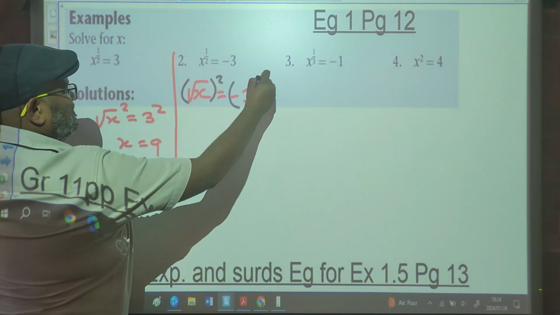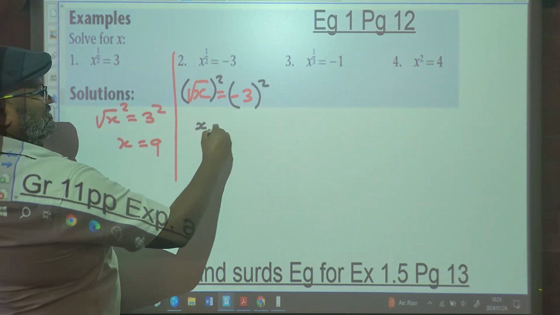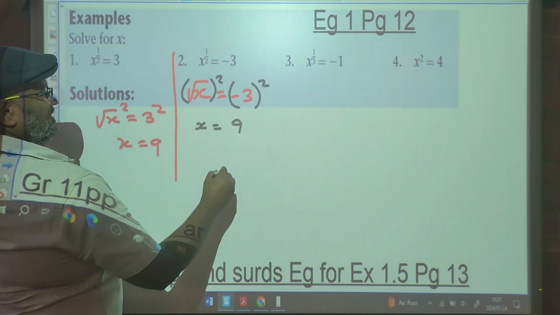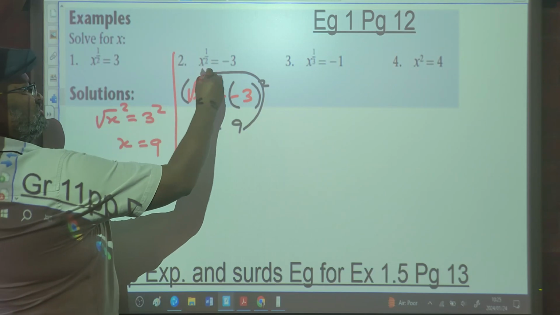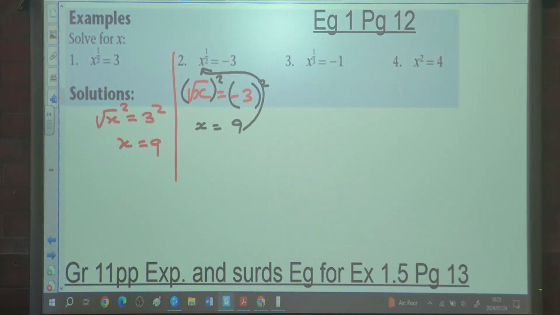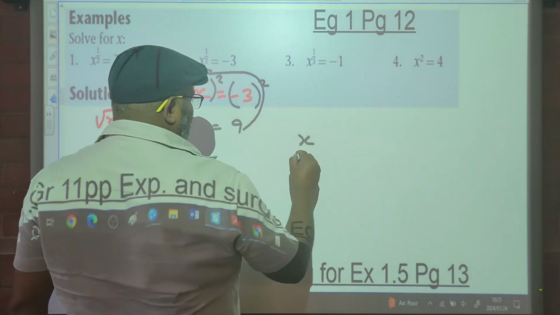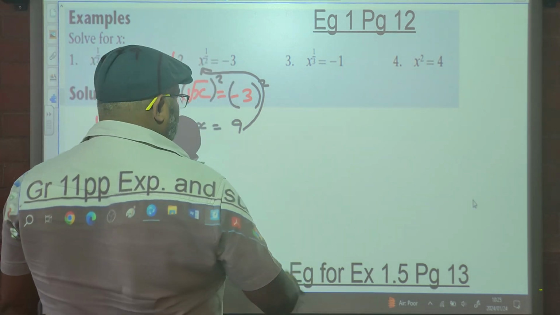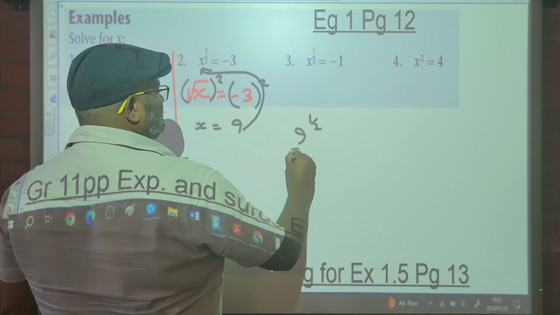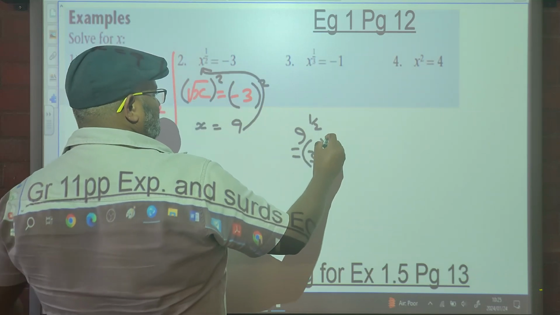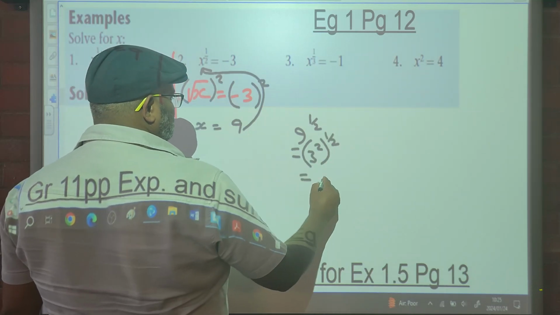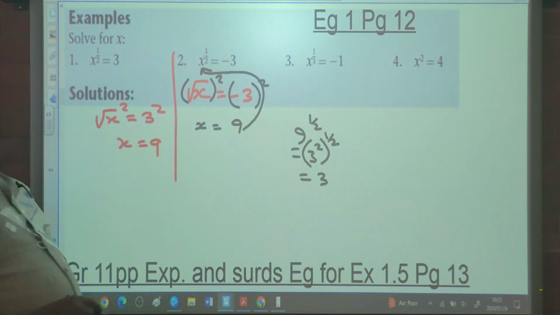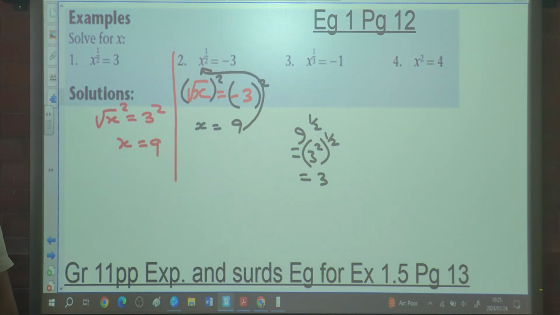Then what are we left with? x is equal to 9. But if you substitute this back in here, I should have gotten negative 3 out again. But if I say 9 raised to the exponent of half, that will be 3 squared to the half, which is 3. Is 3 the same as minus 3? No.